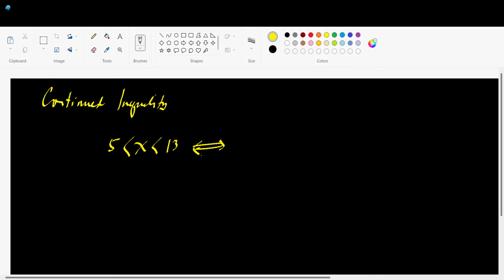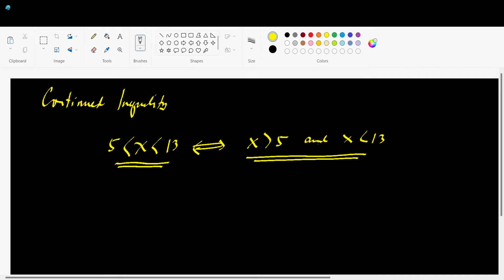This is equivalent to the inequalities x greater than 5 and x less than 13. Alright? This continued inequality is equivalent to the intersection of these two inequalities, x greater than 5 and at the same time x is less than 13.